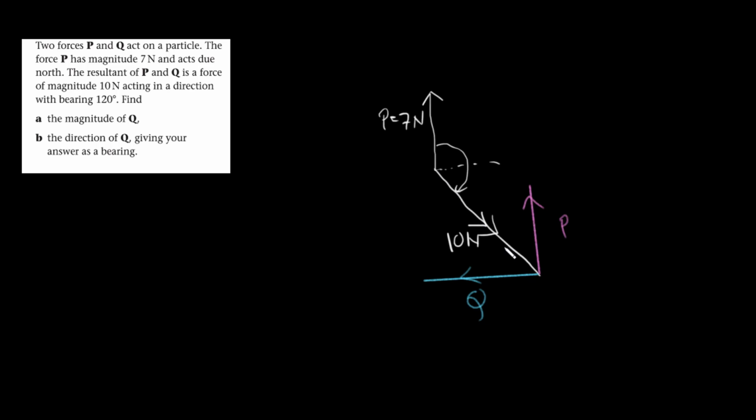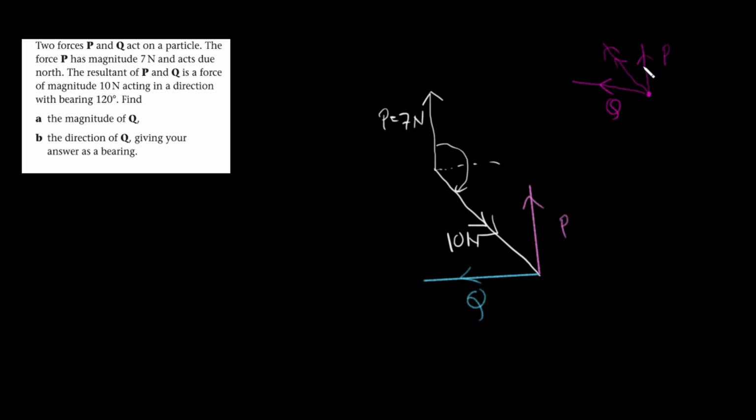And we have this diagonal over here. So from a single point, we have one force going towards north, and we don't know where the other force is going. Just assume it's going in this direction. The resultant force is going to be like this.